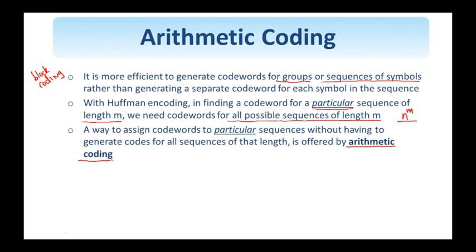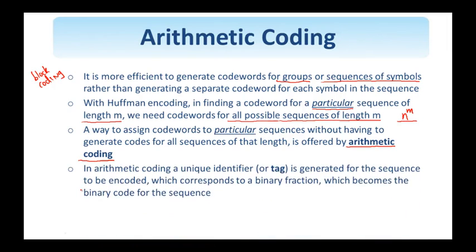So with arithmetic coding, we can assign a code word to a particular sequence without having to generate codes for all sequences of that same length. The way it is done is by finding a unique identifier or a tag for this particular sequence we want to encode.